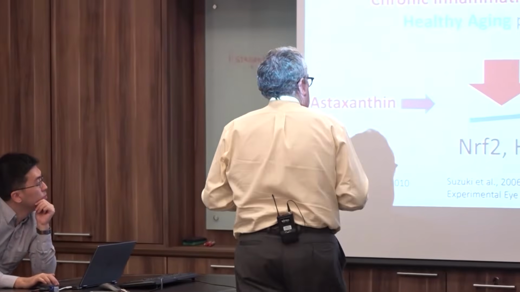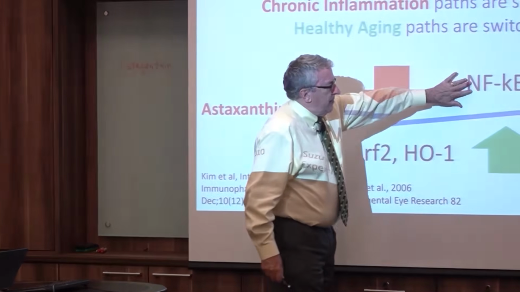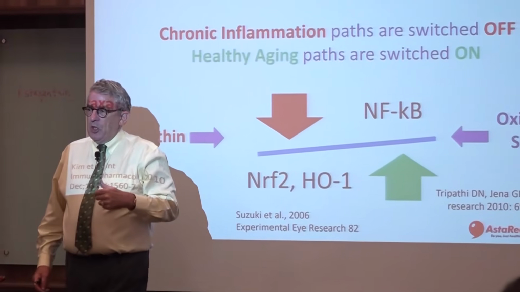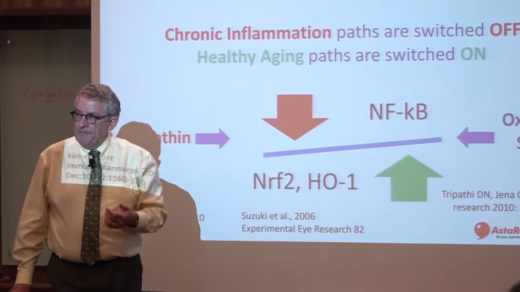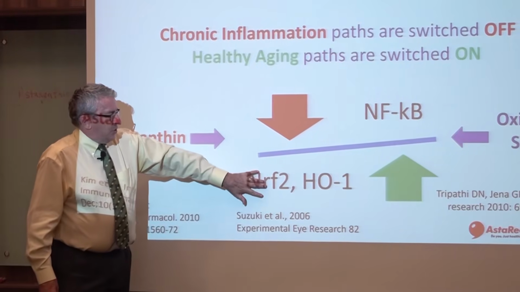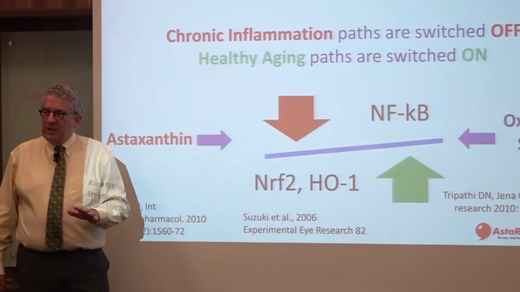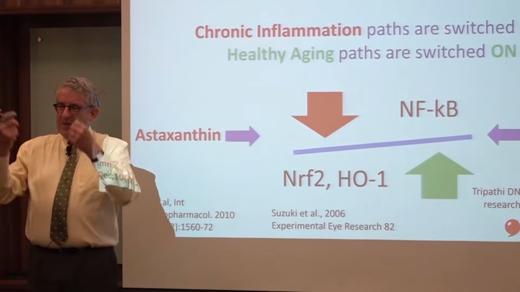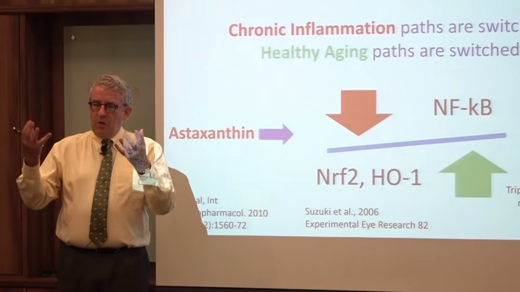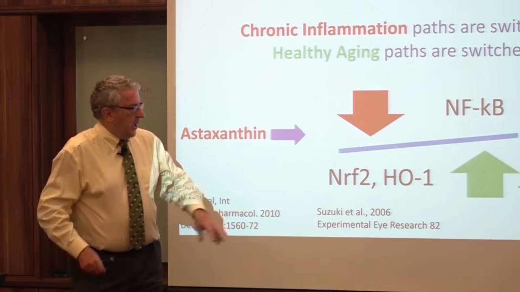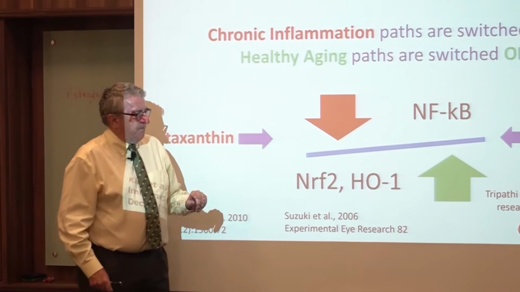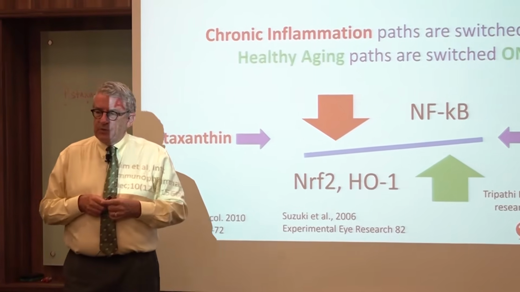And inflammation is particularly important in this particular area. NF-kappa B is the master switch for chronic inflammation, right? And NRF2 is often called the longevity switch. If you activate NRF2, you live longer, cells live longer. And heme oxygenase is just another downstream effect from NRF2.